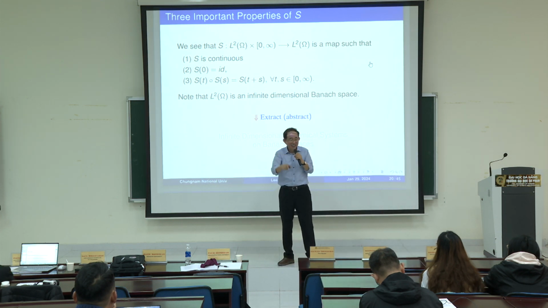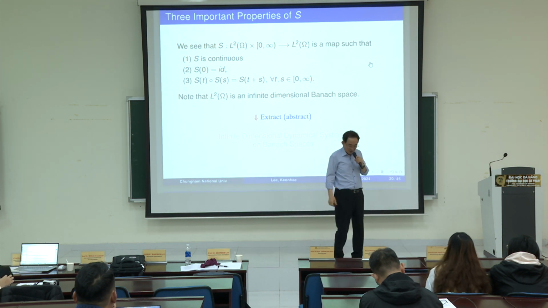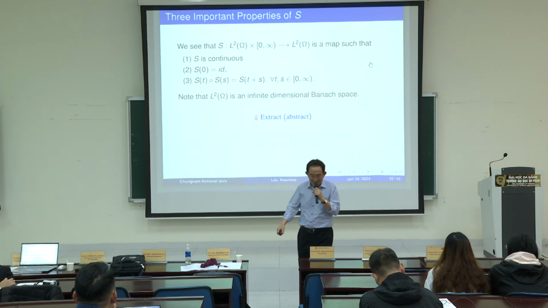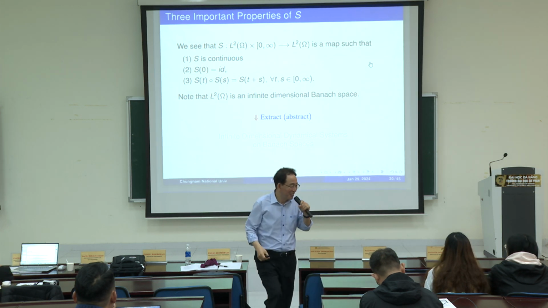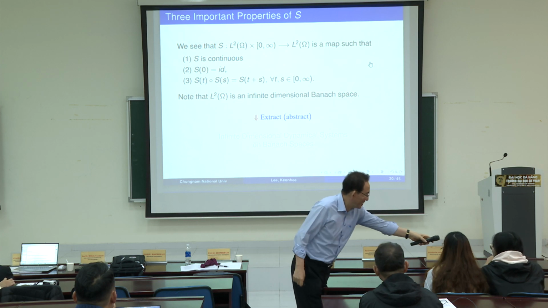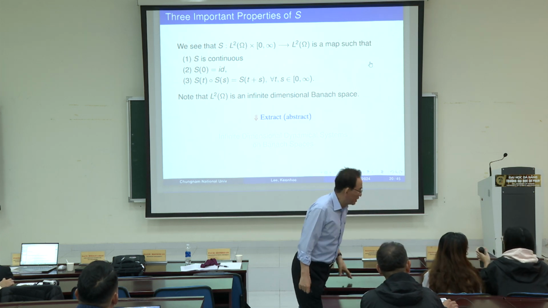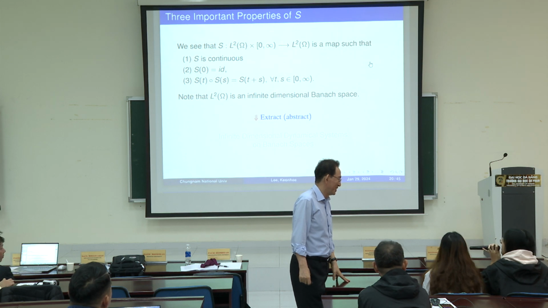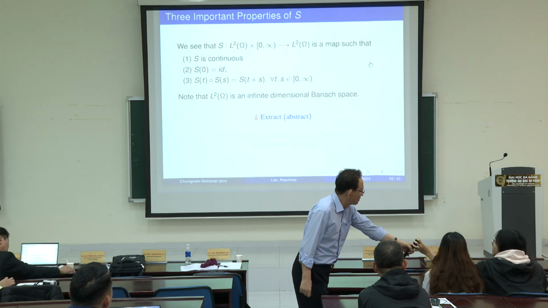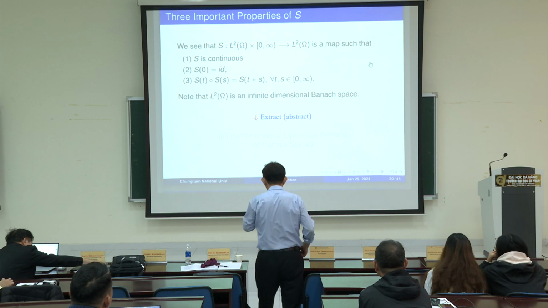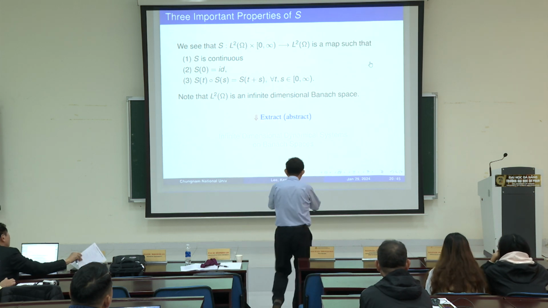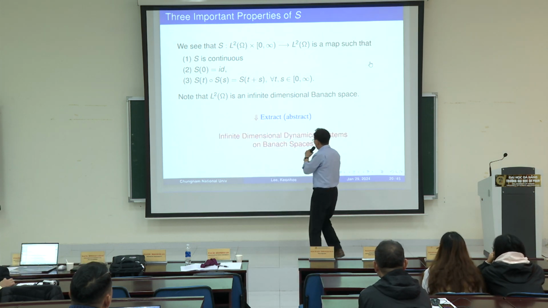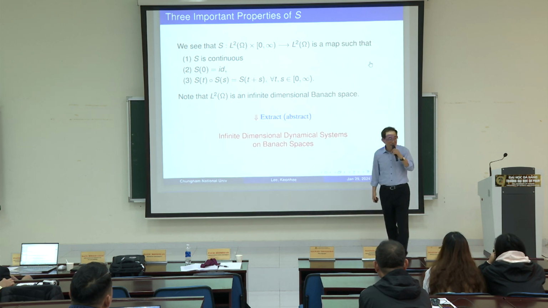What are the two words that characterize modern mathematics? Generalization and abstraction. Very good. So I'm going to abstract. This is the infinite dimensional dynamical system from Banach space.